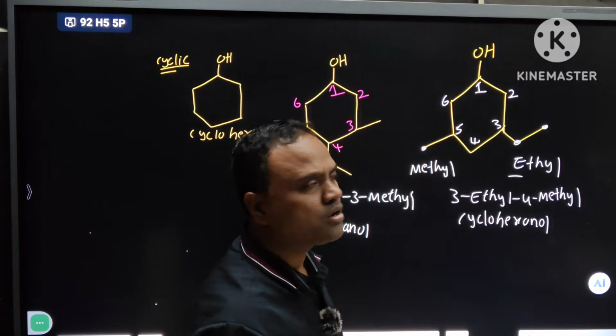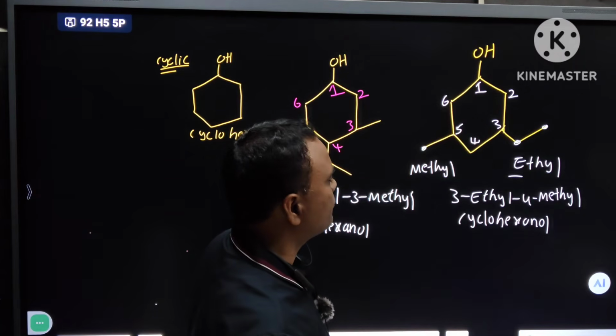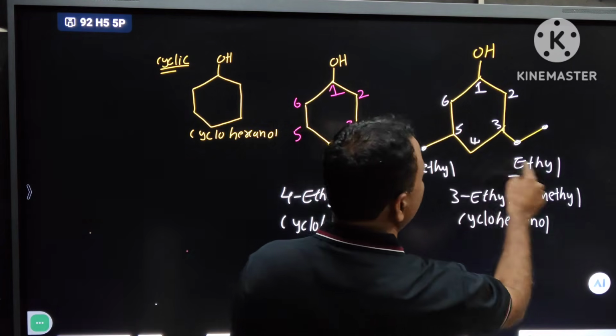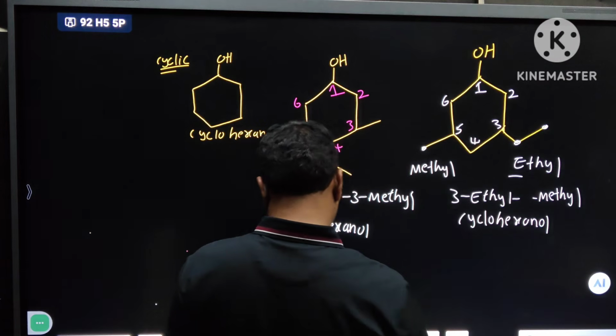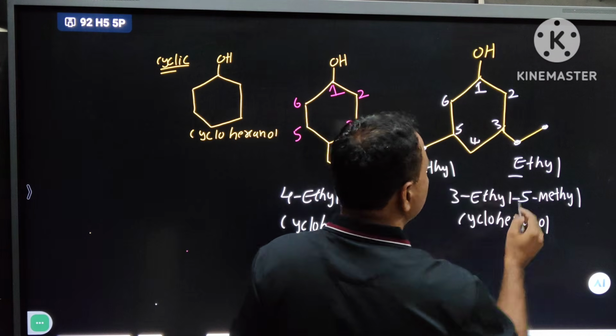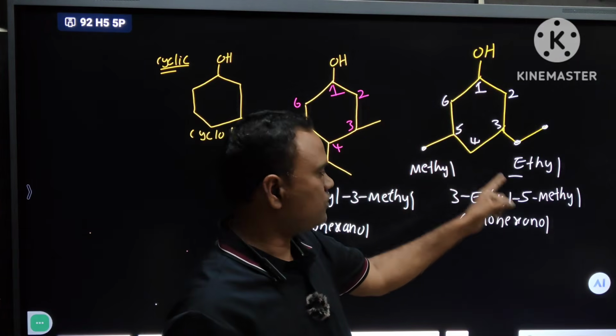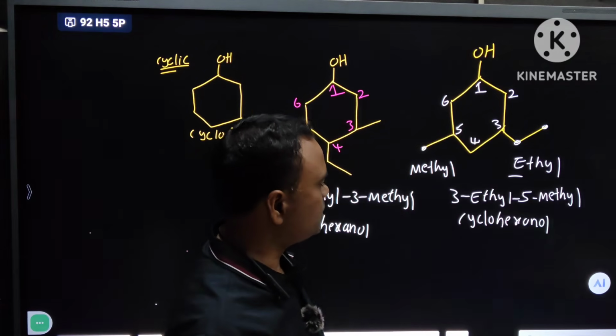5-ethyl? 5 or 4, what did I write here? Actually, I gave the correct numbering only, but while writing, I made a mistake.